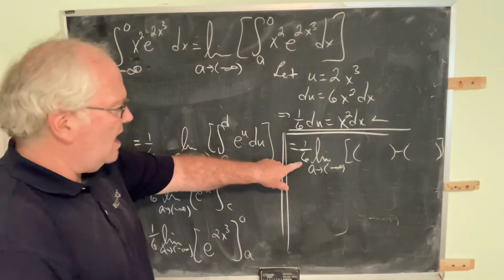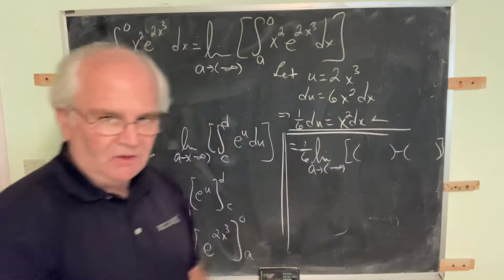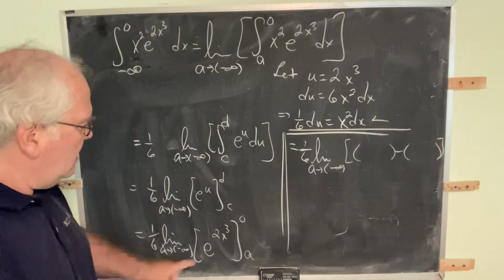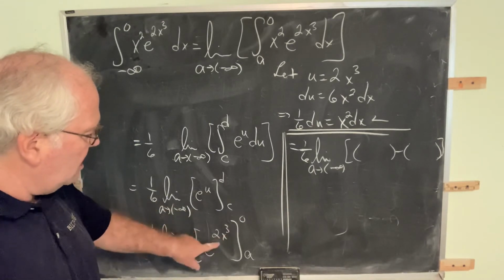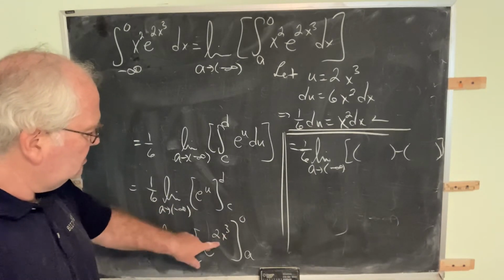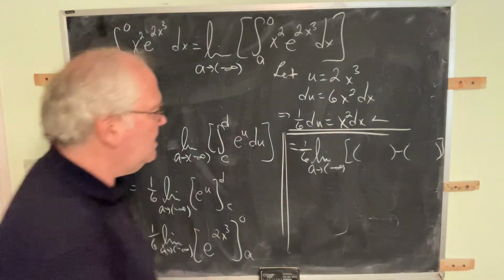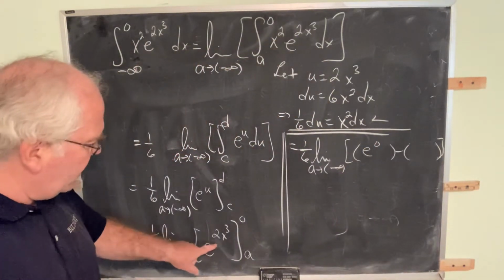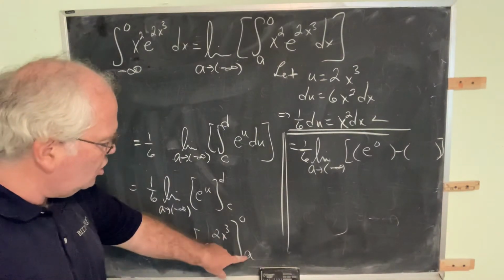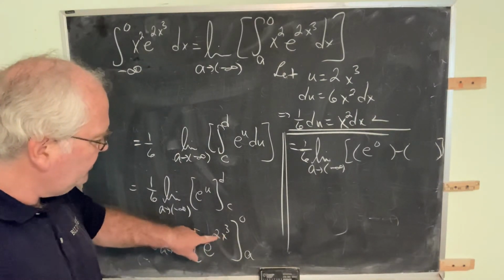That's why I like to take this constant multiplier out front, so we're not fiddling around with it over here. So when you substitute 0 for x, this becomes e to the 0 power, but then this is e raised to the 2a cubed. Substitute a in for x, 2a cubed.